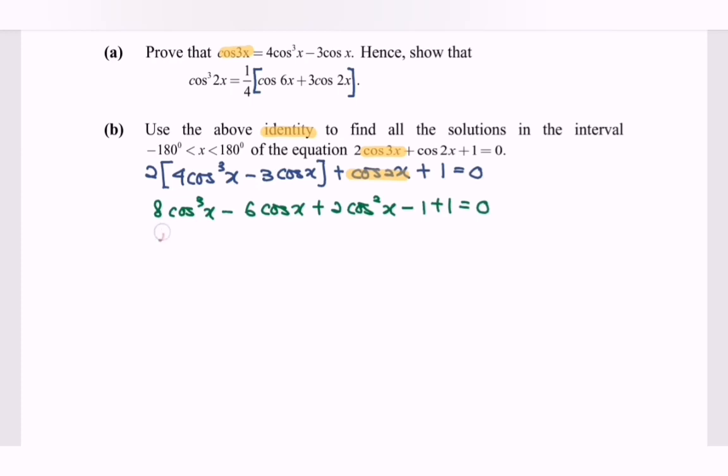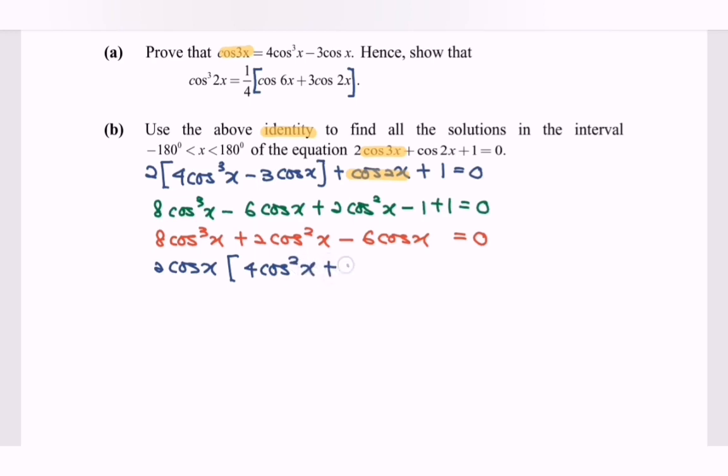So we will have 8 cos cube x plus 2 cos square x minus 6 cos x equals to 0. Kindly factorize the situation and we will have 2 cos x bracket 4 cos square x plus cos x minus 3 bracket equals to 0.